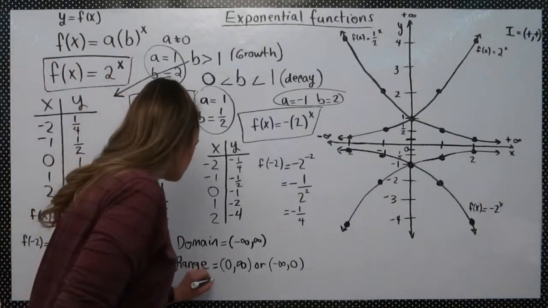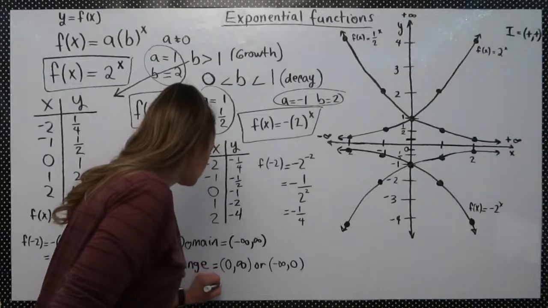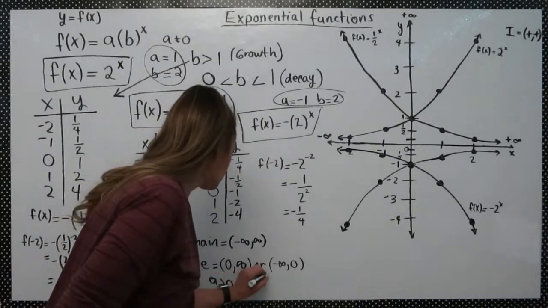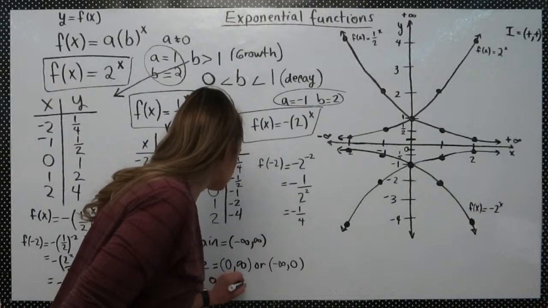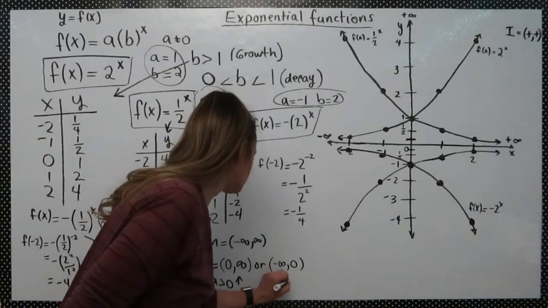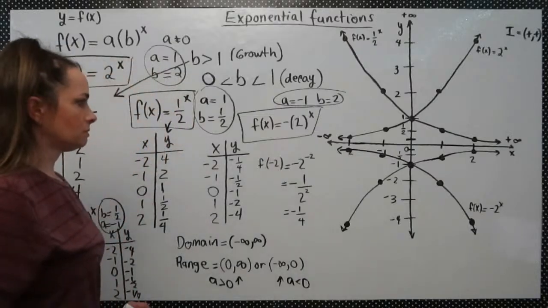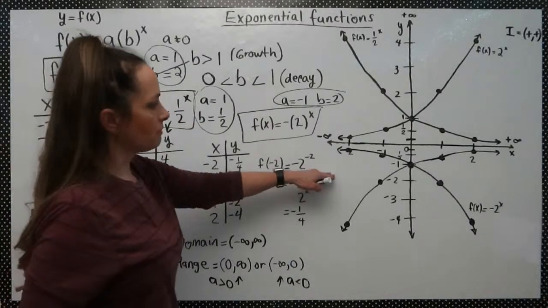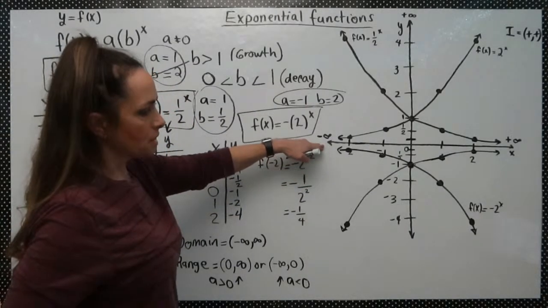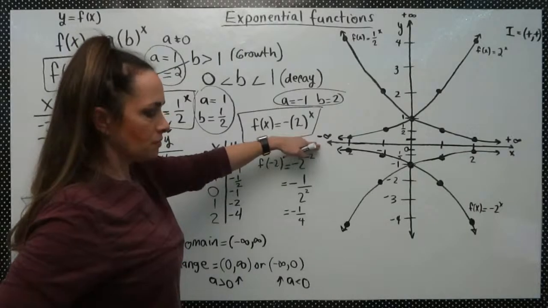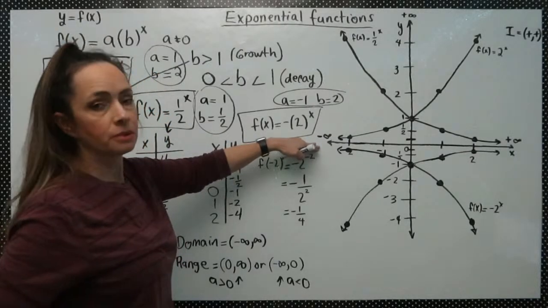So this is for a greater than 0, and it's going to be this if a is less than 0, essentially. And you can see that in the graph because they're avoiding this line. The function is avoiding where y is 0 for some reason.